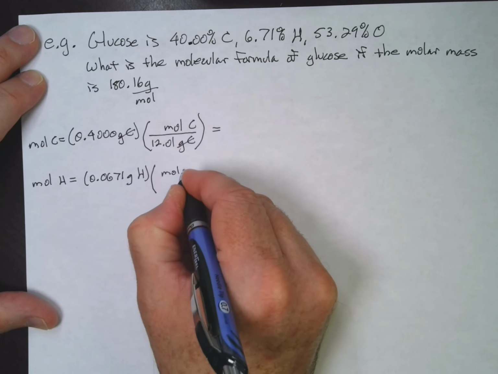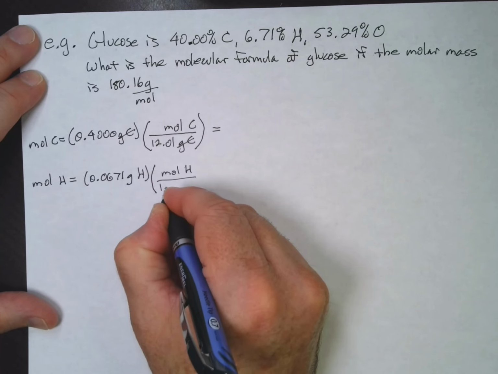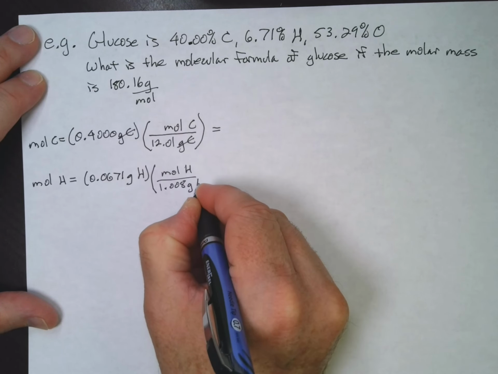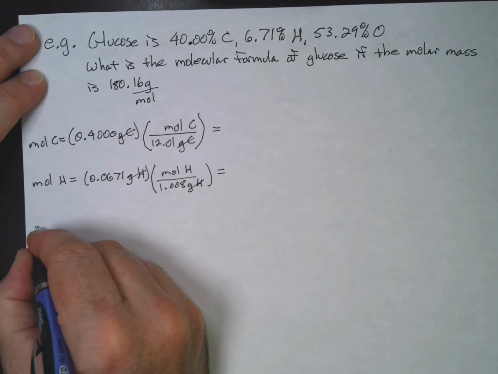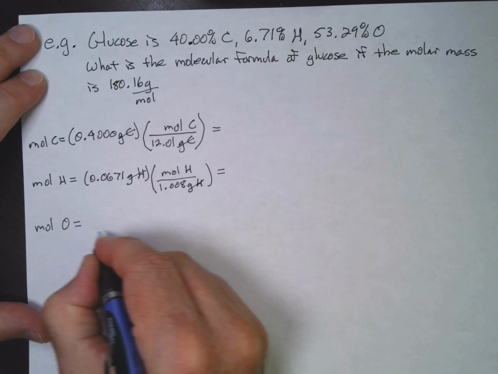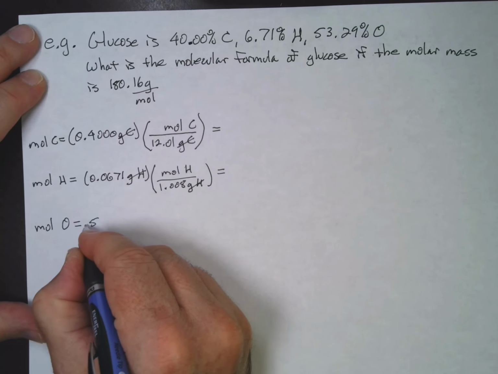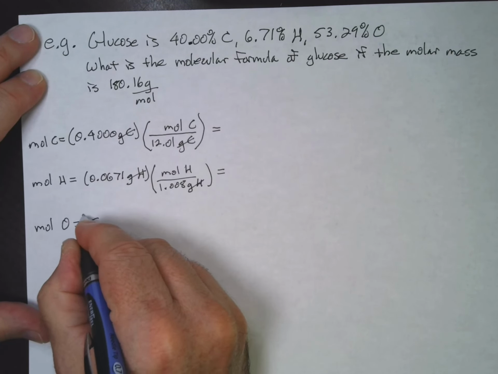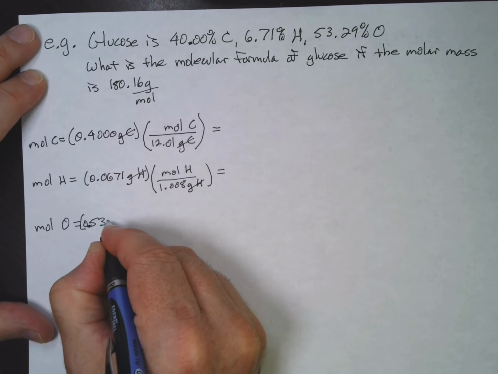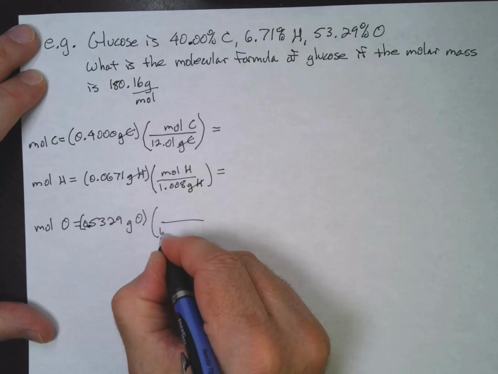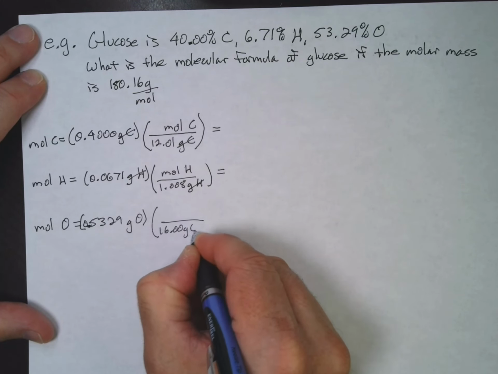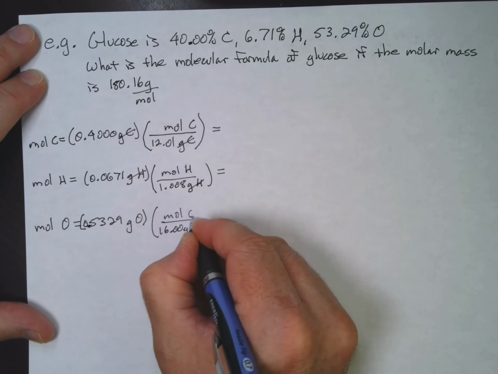So each mole of hydrogen is 1.008 grams of hydrogen. My grams of hydrogen will cancel. And then my moles of oxygen are going to be 0.5329 grams oxygen, 16.00 grams of oxygen per mole of oxygen.